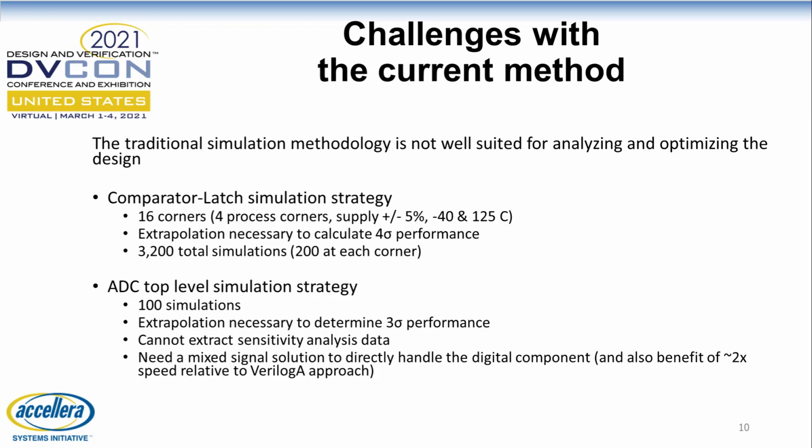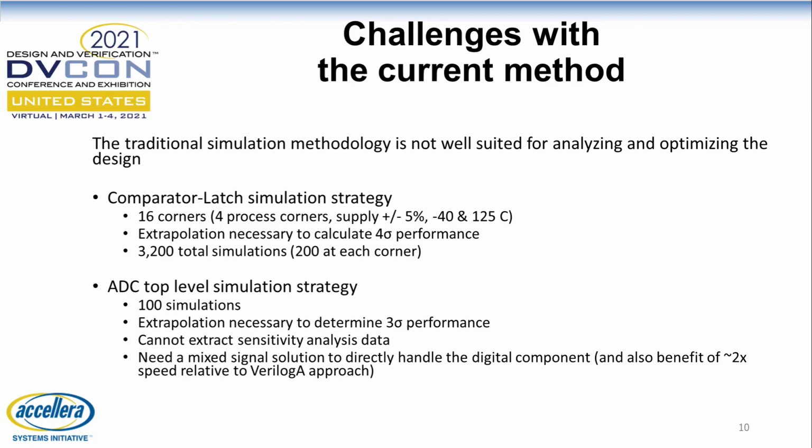This approach was not optimal due to the fact that it did not provide a direct measurement of the ADC performance. We had to do an approximate of 3.2 thousand simulations and also use extrapolation to calculate for 6 sigma performance.